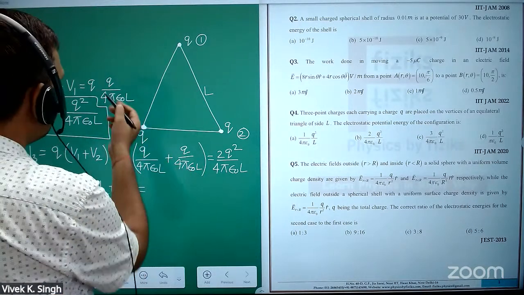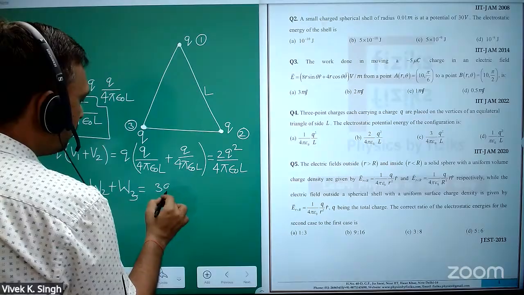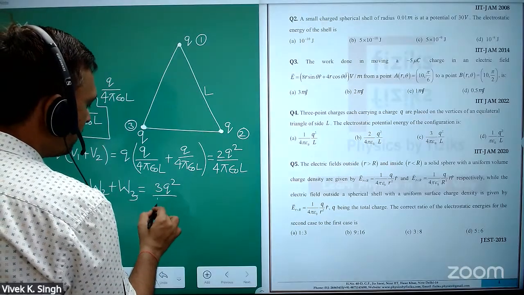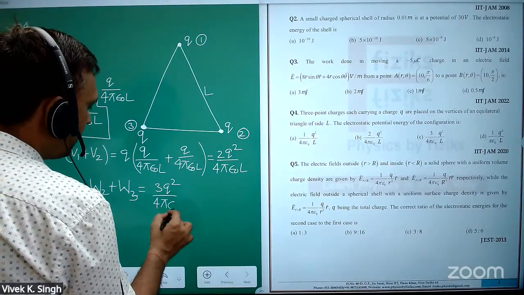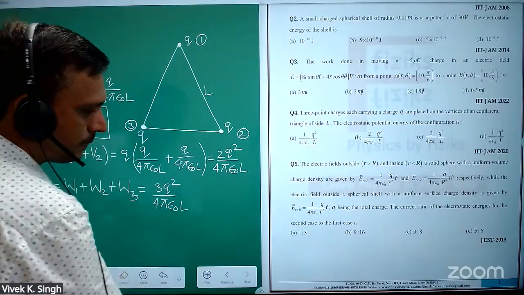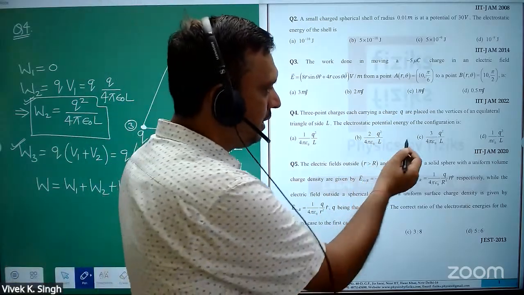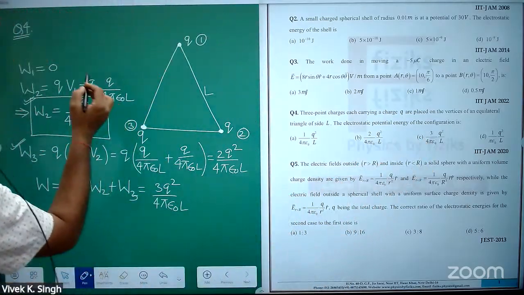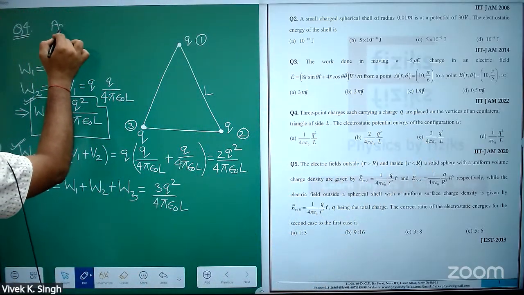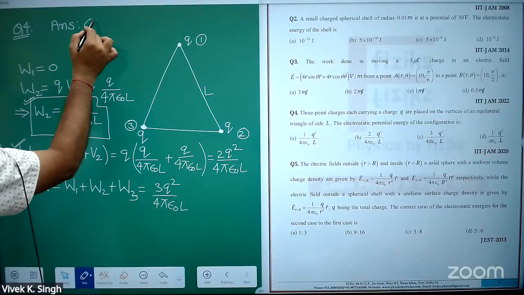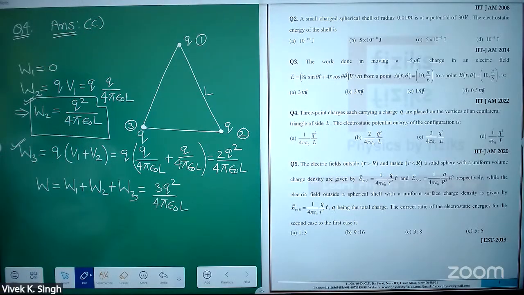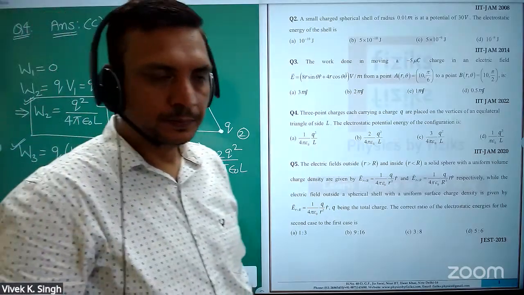So if you add these, you will get 3Q square by 4 pi epsilon 0 L. So option C is correct. So in this question, option C is correct. Clear?